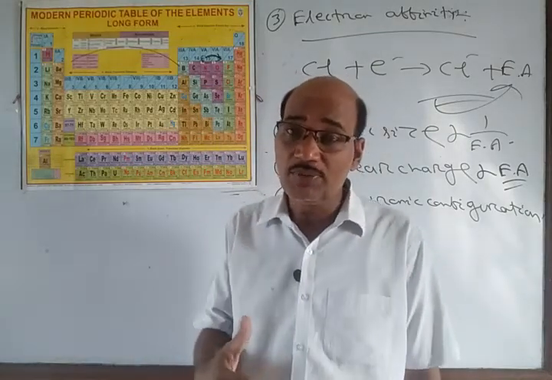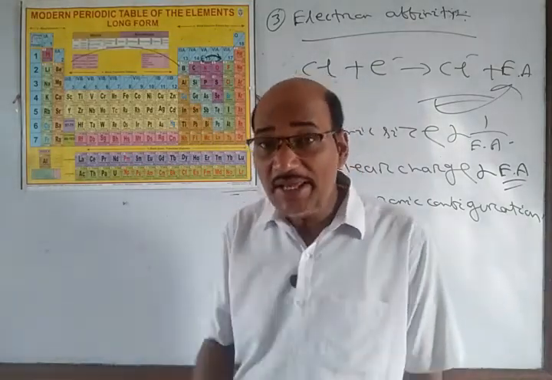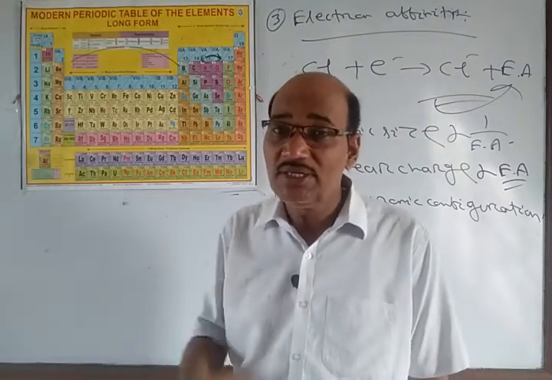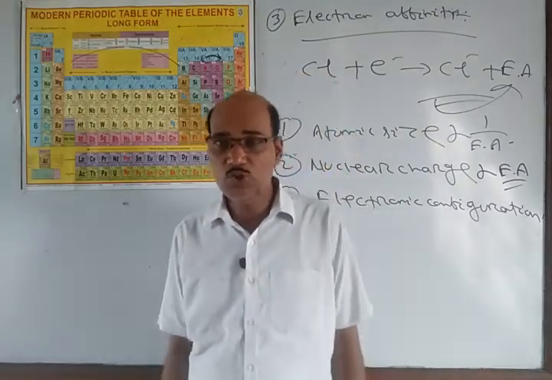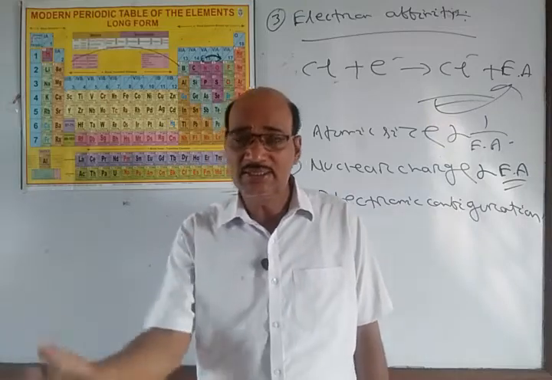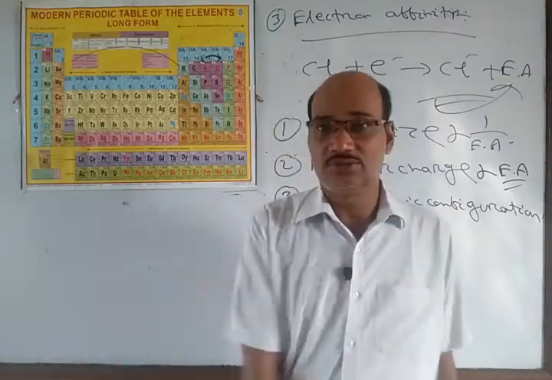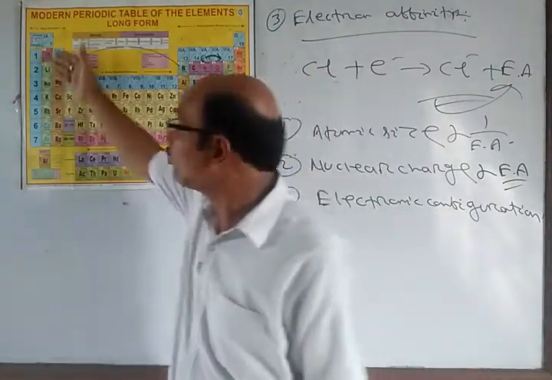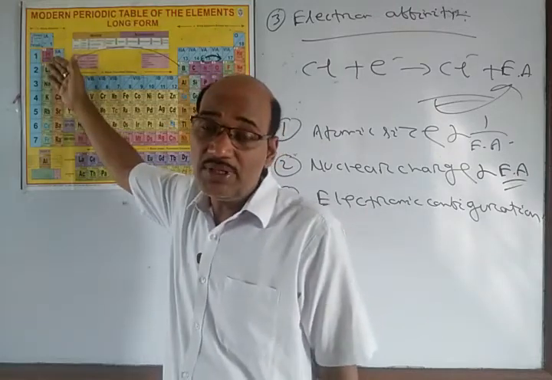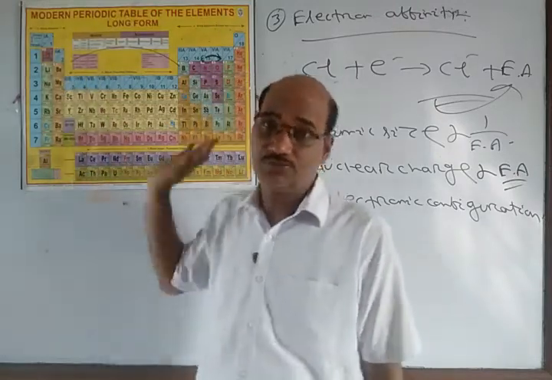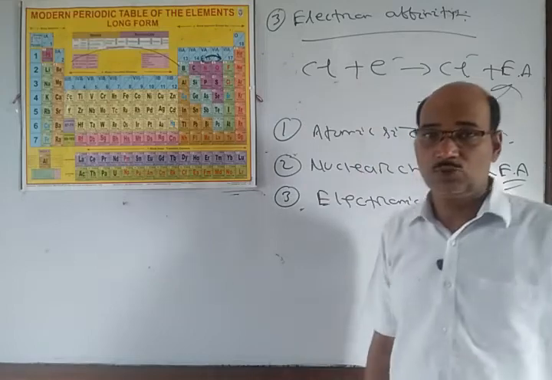Hence, when we add an electron, it cannot be taken easily, so the energy released will be less. So, if we move in a group from top to bottom, the electron affinity will go on decreasing.